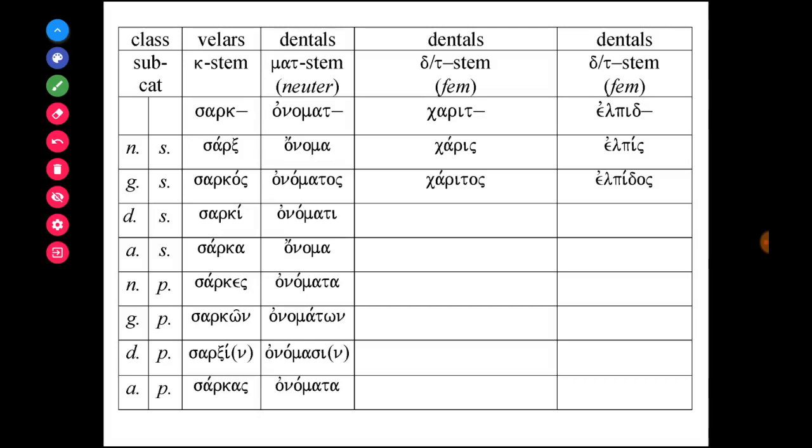So in our previous chapter 10, we covered the velar stems, and the example we used was sarx. And then we were introduced to one kind of dental stem nouns, and that's what we call the mat stems, which were mostly neuter.